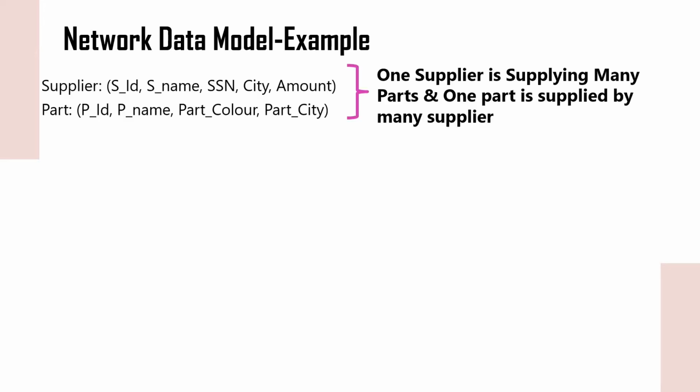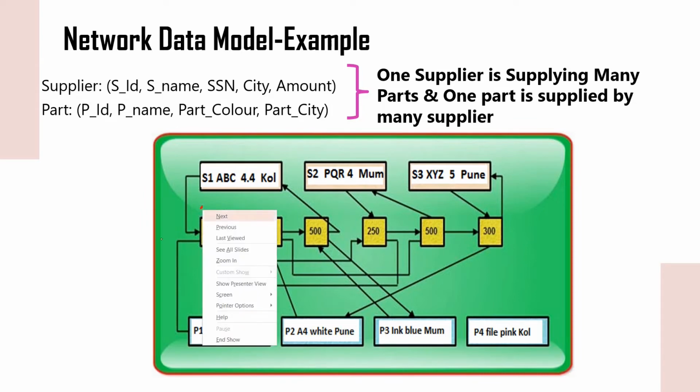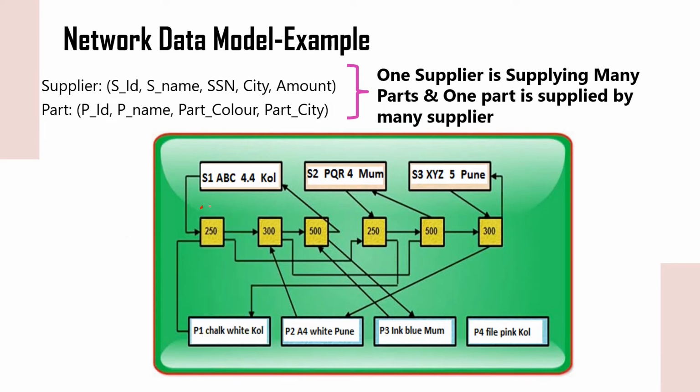So let's understand the network data model with the same example. One supplier is supplying many parts and one part is supplied by many suppliers. This is the network data model view. You can see from here, I have created first a connector record for a supplier, and then another connector record for the parts.